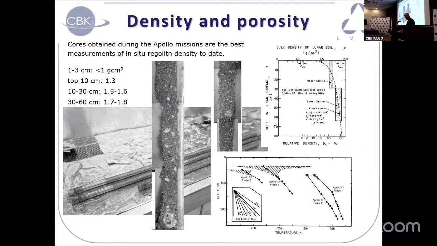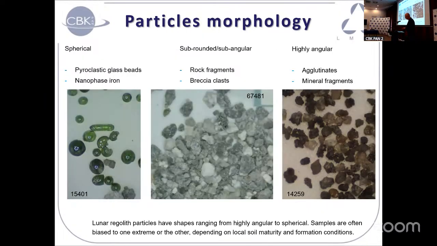Anyway, it is important to indicate that three types of grains might be found in this regolith. One is nanophase iron, due to asteroid impacts on the lunar surface. There are rock fragments, quite typical, similar to Earth.